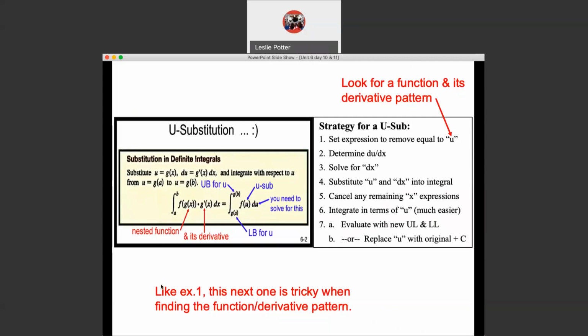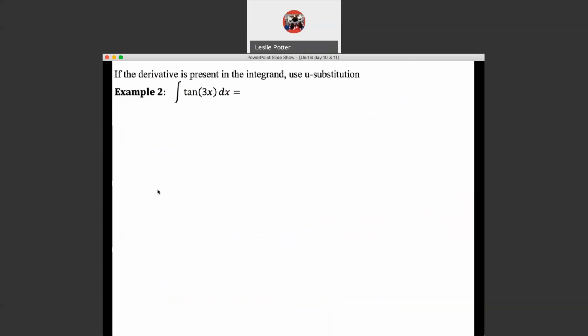Example 1 that we just got done doing was kind of tricky because we didn't see this pattern because the derivative was a numeric constant. And example 2 is going to be a tricky one as well. So let's take a look at example 2. So we need to look for that function and its derivative pattern. But in this antiderivative question, we just have tangent and 3x. And so if you think about which one's the function, which one's the derivative, it doesn't make sense because neither is the derivative of the other one.